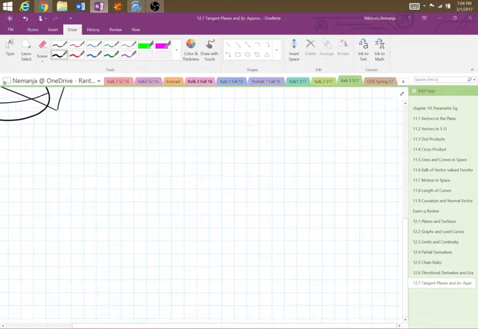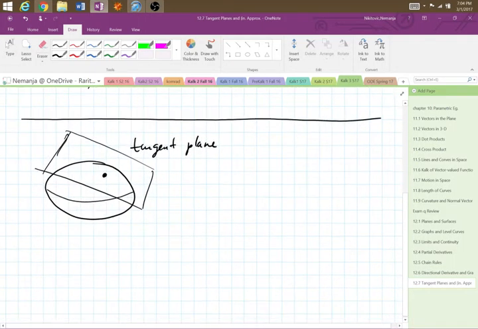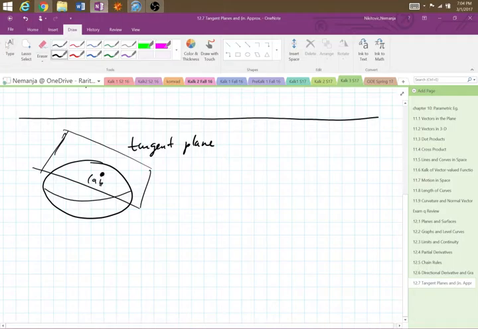That point is a, b, c. So now, what is the equation of the tangent plane?